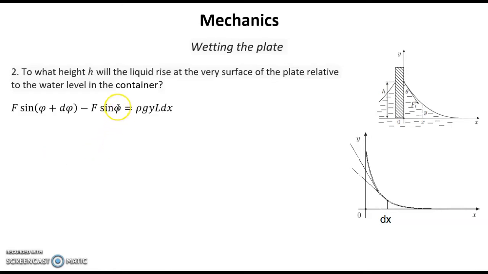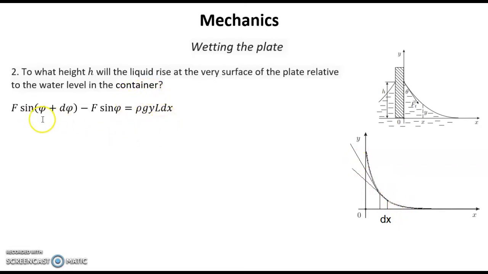Suppose that phi is an angle between this straight line tangent to our curve, and in this point that will be angle phi plus delta phi. So we can write this static equation that these projections of these two forces are equalized by the force of gravity.